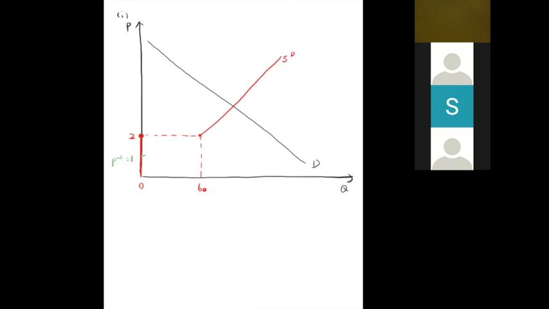Domestic price: after the tax, domestic price becomes 2. And quantities of supply and demand. So we could see that if we keep the price at 2, the domestic supply is 60 and domestic demand will be 100.